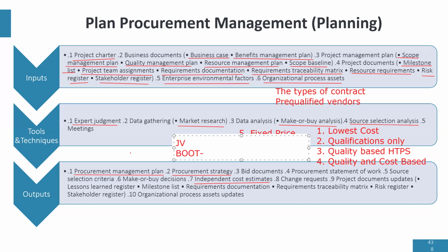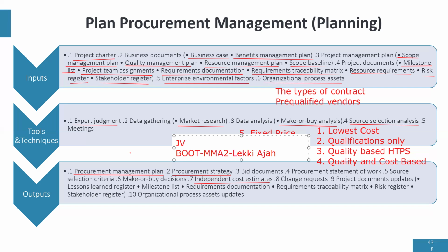I'll give you 2 good examples in Nigeria. Sorry, I haven't traveled far enough to give you more, but I'm sure if I do research, I'll probably get more. So one of them is MMA2, and the other is the Lekki. Now, what's BOOT?